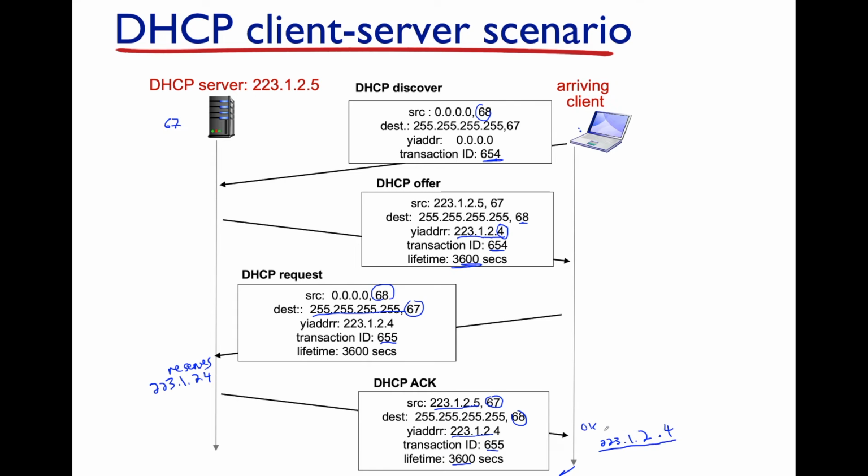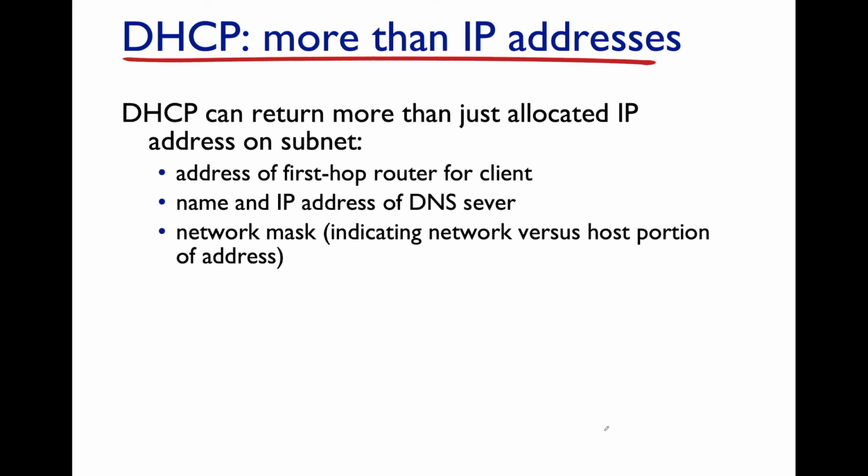All right. So DHCP can return more than just the allocated IP address. It can also assign the first hop router. Now, the reason why that's important is, let's say we're going to draw a subset of a network. That's a switch, a switch is square, a router is circular.